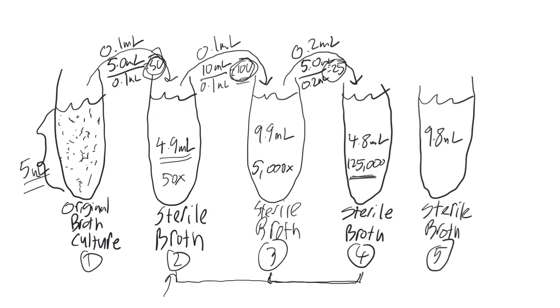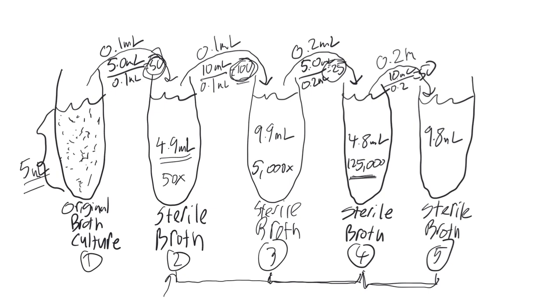Now from tube 4 into tube 5, I'm going to pipette 0.2 mils again. So again, we need to figure out by how much we've diluted just between tube 4 and tube 5. My final volume is 10 milliliters, and I put in 0.2. So 10 divided by 0.2 is going to be 50.